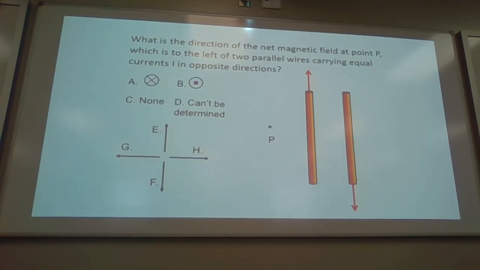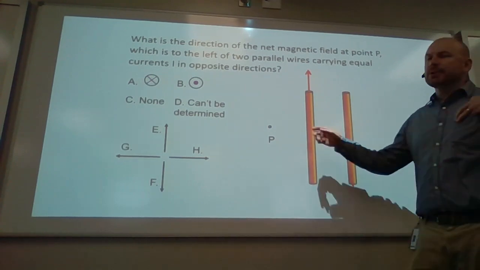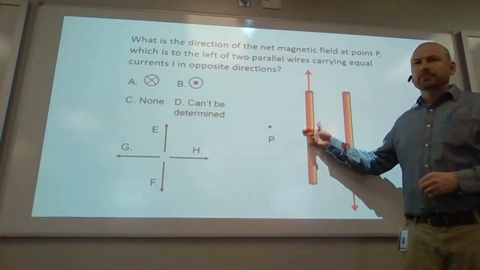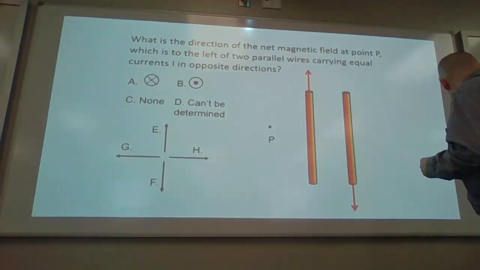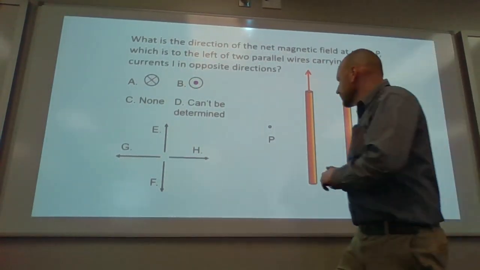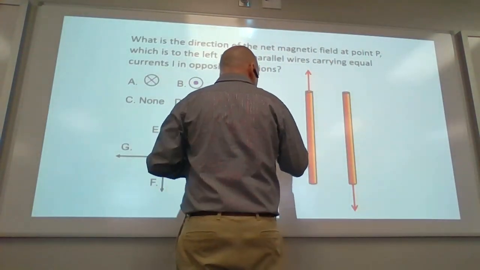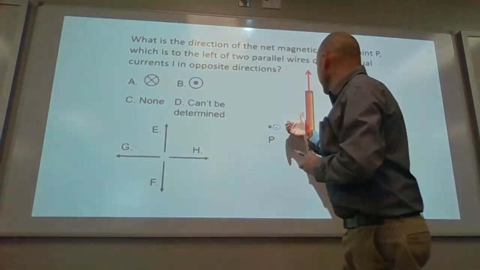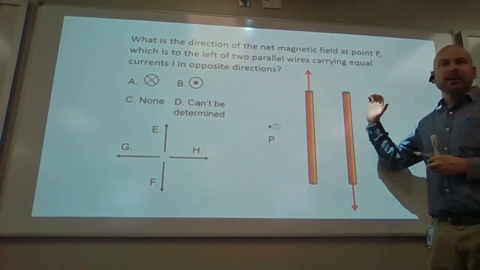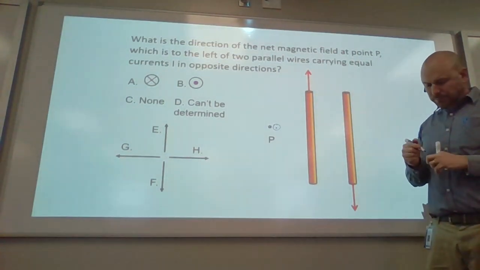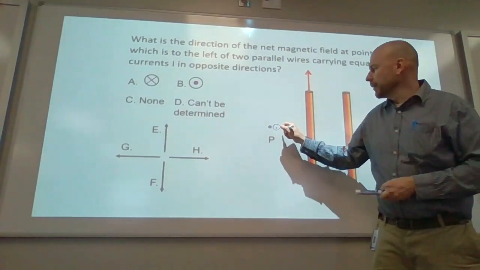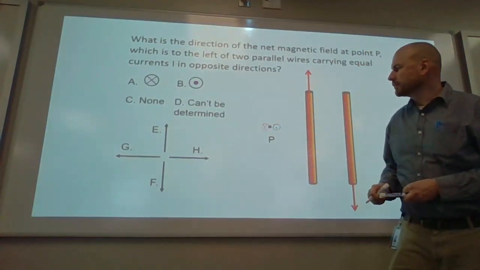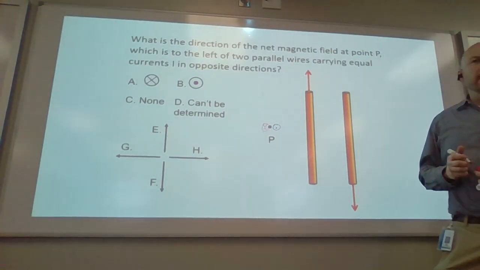All right. Correct answer is? Correct answer is B. Okay. This guy's creating a magnetic field going outward. B. Out of the page. This guy's creating a magnetic field at point P inward, into the board.